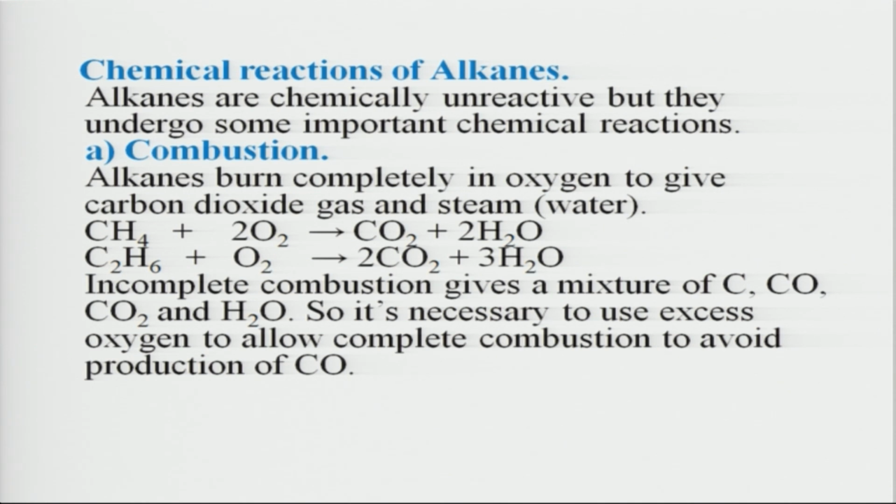So when you are using alkanes for burning, make sure you have enough supply of oxygen. As we have said, alkanes burn in oxygen to produce carbon dioxide and water. And most of our organic compounds will burn in oxygen and produce carbon dioxide and water.